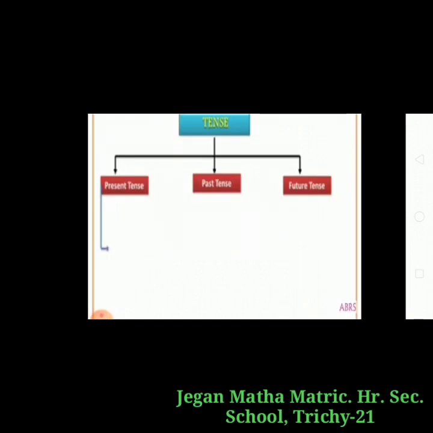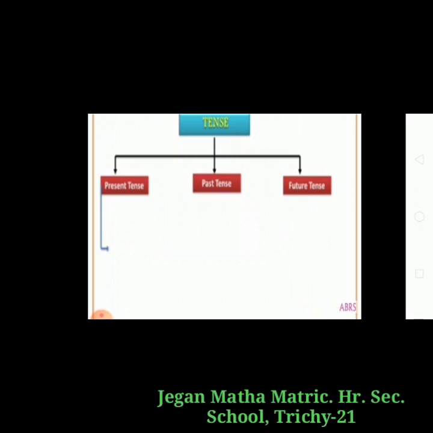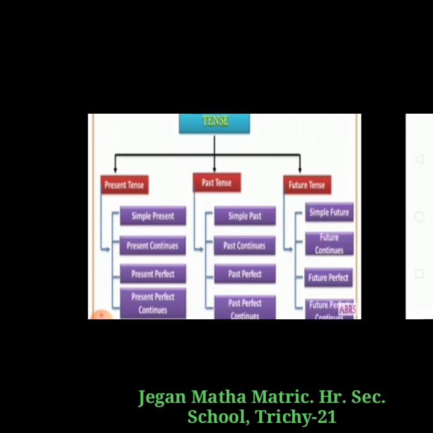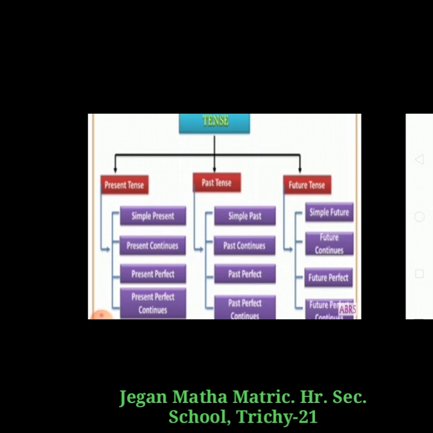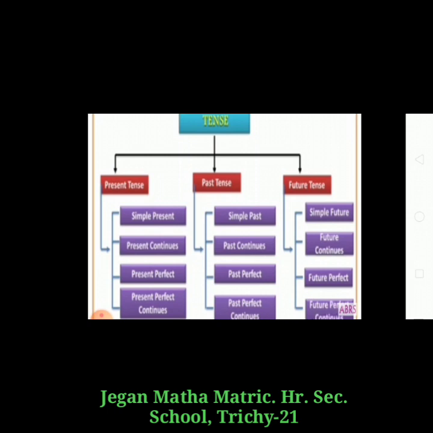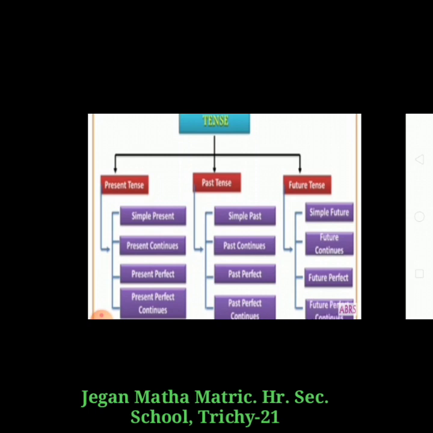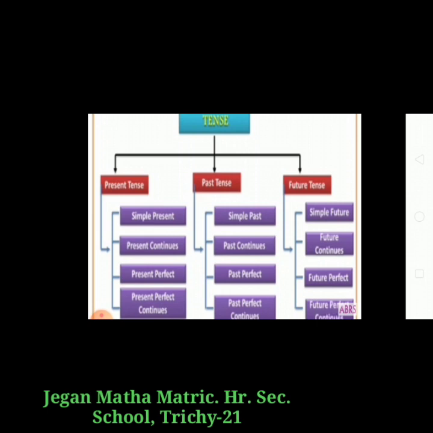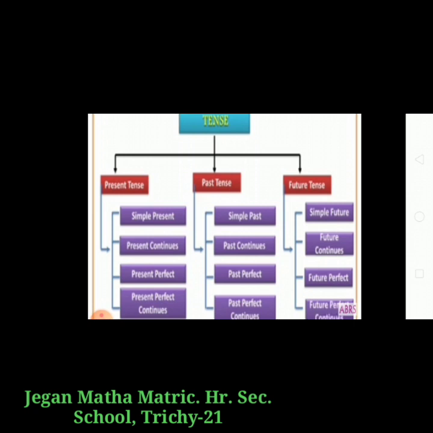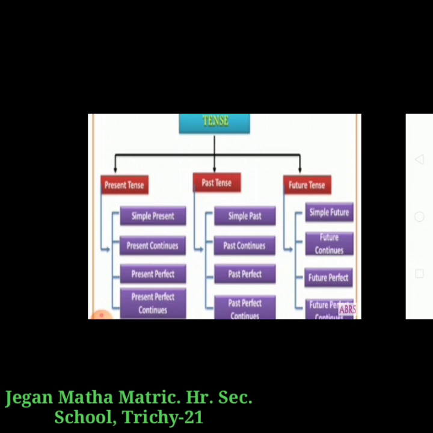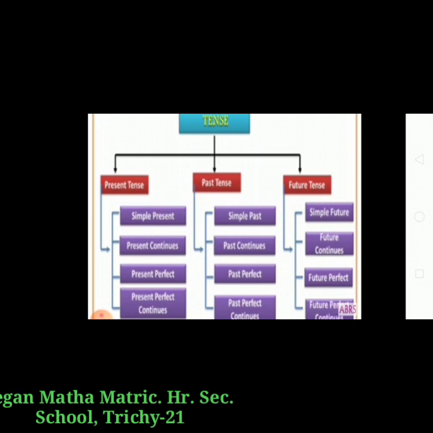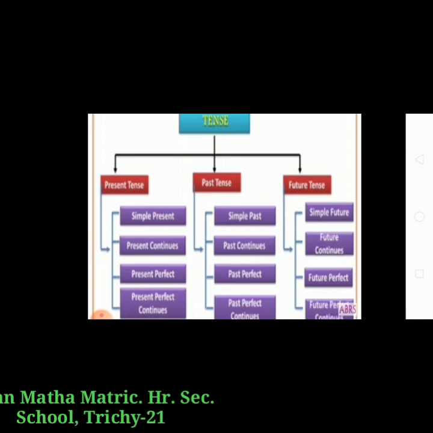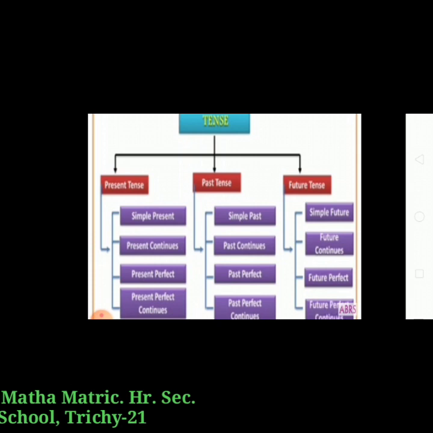What are they? Present, past, and future tense. Each tense has four subdivisions: simple present, present continuous, present perfect, present perfect continuous. Like that, simple past, past continuous, past perfect, past perfect continuous. Simple future, future continuous, future perfect, future perfect continuous.